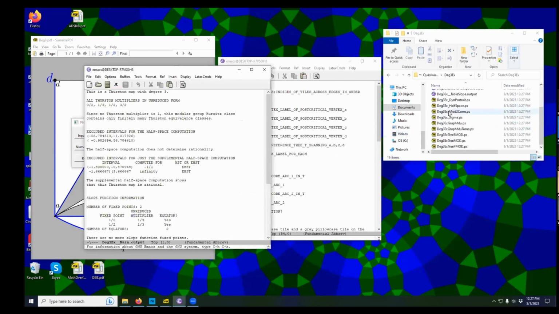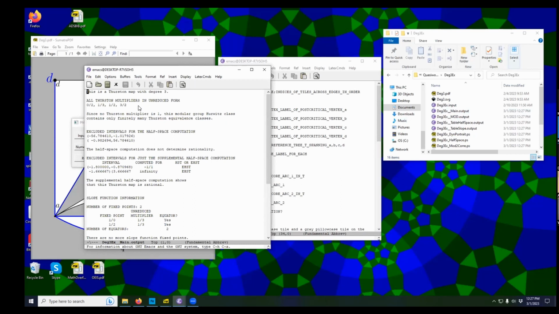The program just created all of these files and it opened up the main output file. So this file is this file. It automatically opens up the main output file and here's what it has to say. We have a Thurston map with degree 3. It's not very enlightening.